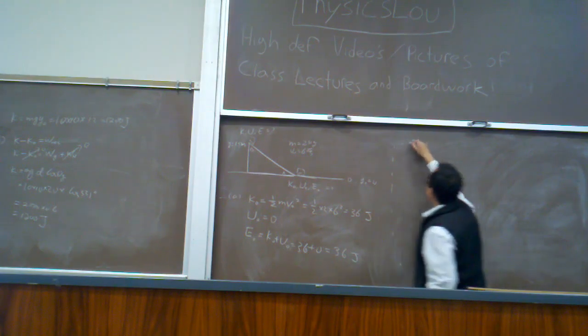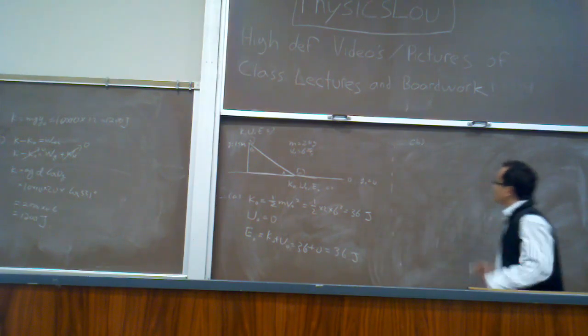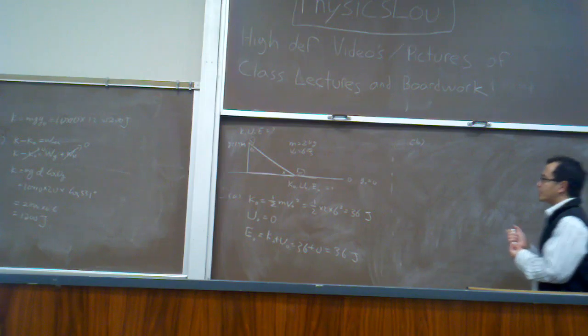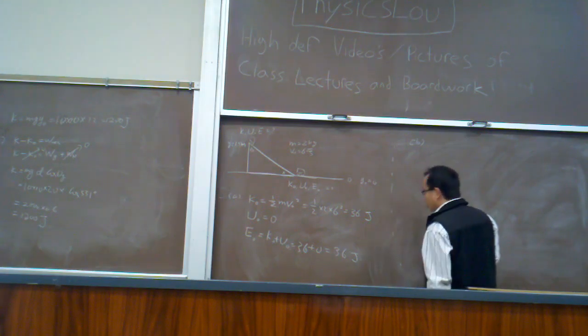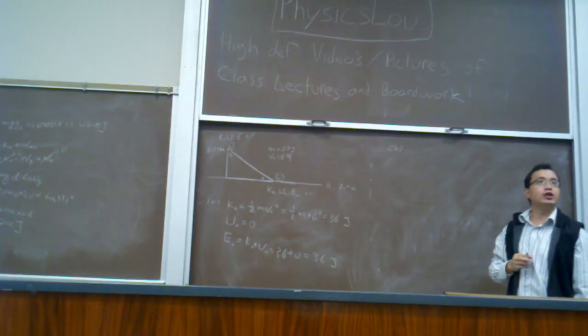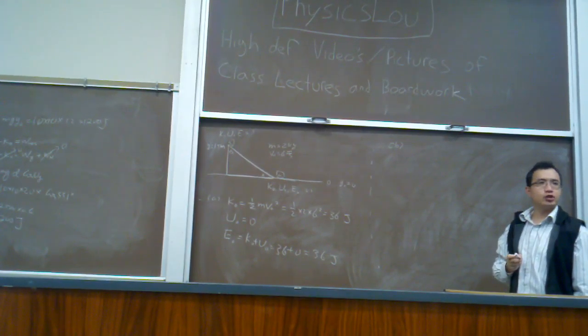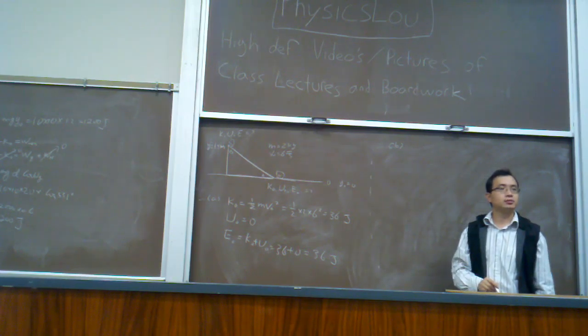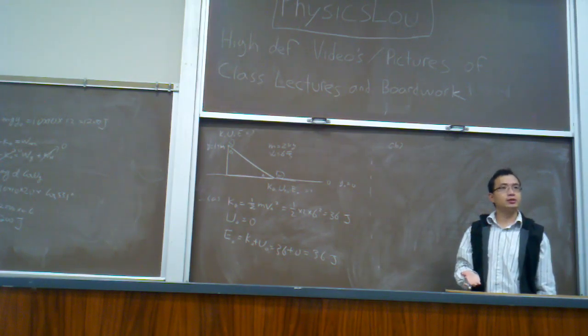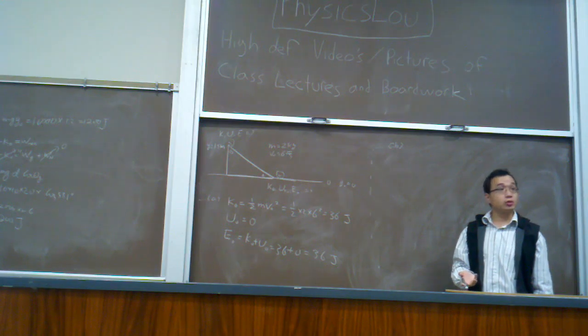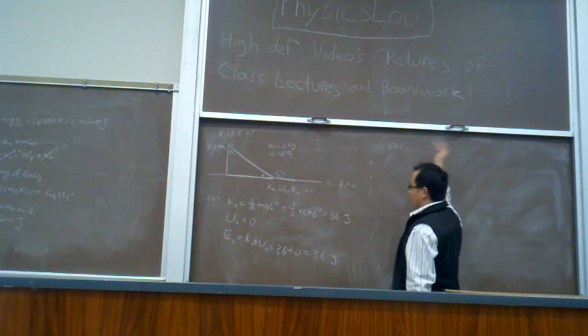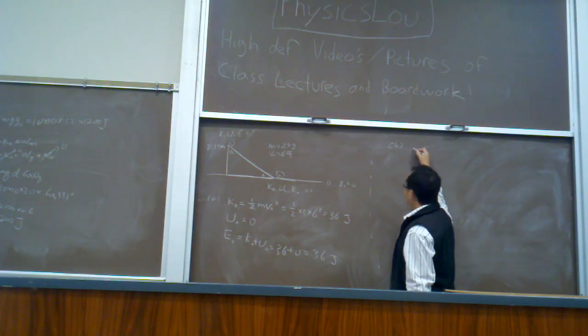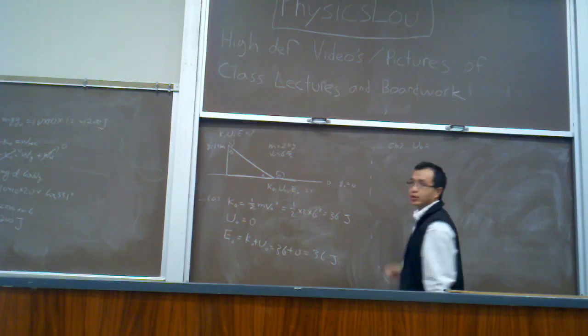Now let's look at part B. Let's first check kinetic energy equals 1/2 mv squared by definition. But can we use this definition to calculate the final kinetic energy K? Do we know the final velocity V? We don't know it, so it doesn't work. Now let's look at U, the final potential energy.